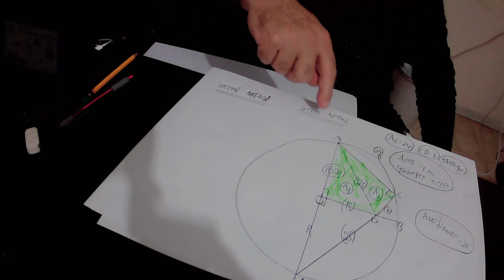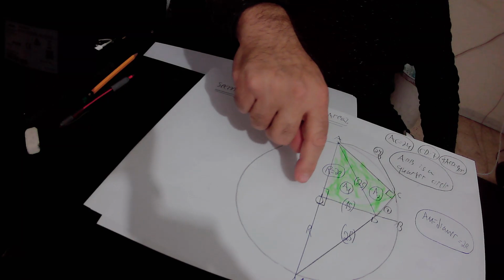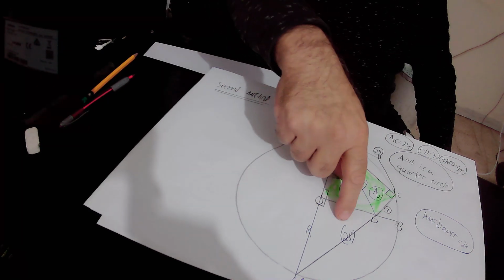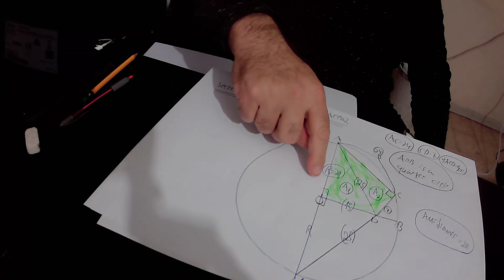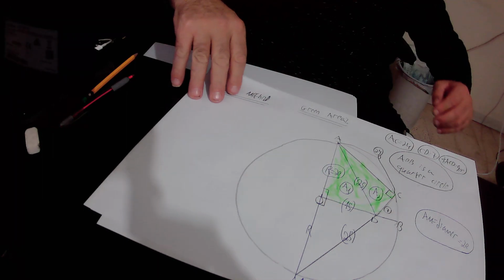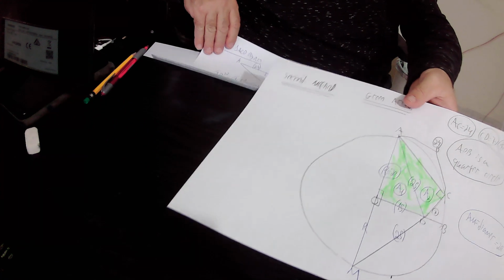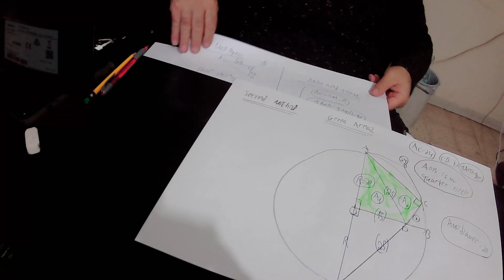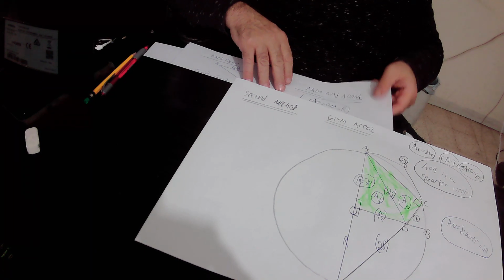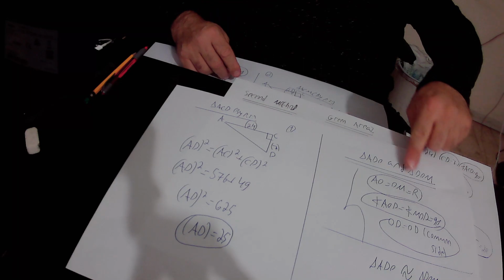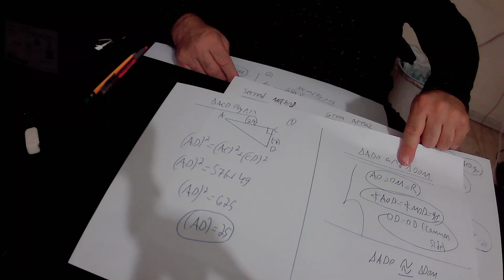Then we proved that the right triangle AOD is congruent to the right triangle MOD. Why are those two right triangles congruent to each other? First of all, AO equals OM equals R. They are both radii of the circle, therefore they are equal to each other.